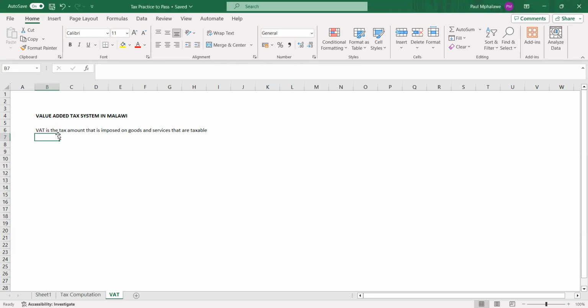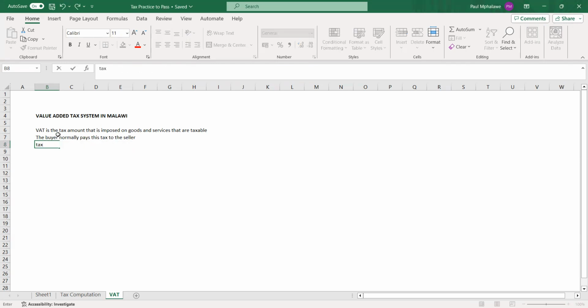So the buyer normally pays this tax to the seller. Okay? For goods to transfer from one person to the other, there has to be a buyer and a seller. So you as a buyer, you pay tax.